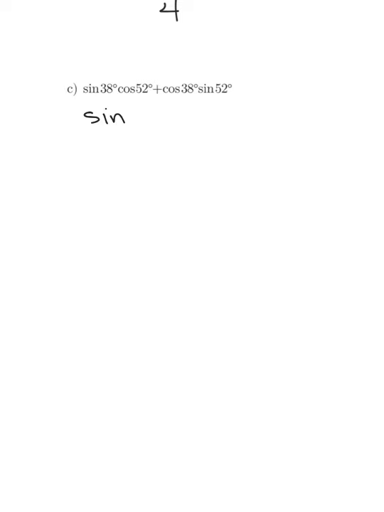So what I need to do is take my two angle measures of 38 degrees and add 52 degrees. Well, if I simplify that, I have the sine of 90 degrees. Well, I know what the sine of 90 degrees is. The sine of 90 degrees is 1.